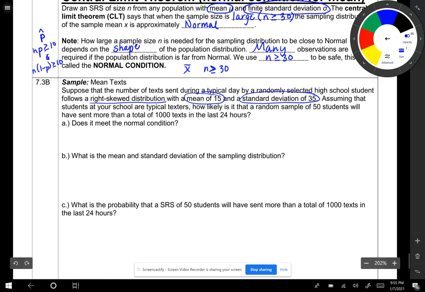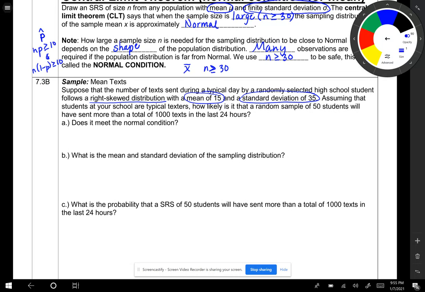So let's take a look at our sample size. Our sample size is 50 students. So yes, it does meet the normal condition. N equals 50, and 50 is greater than or equal to 30.